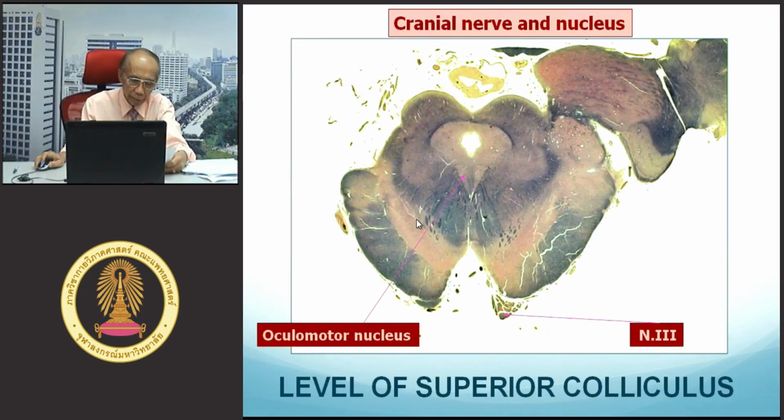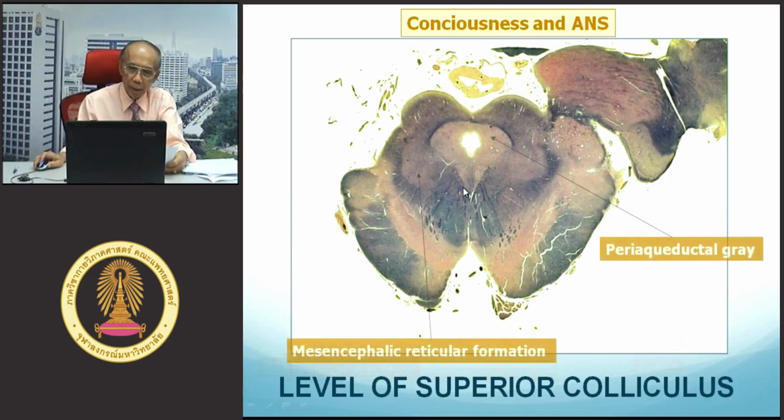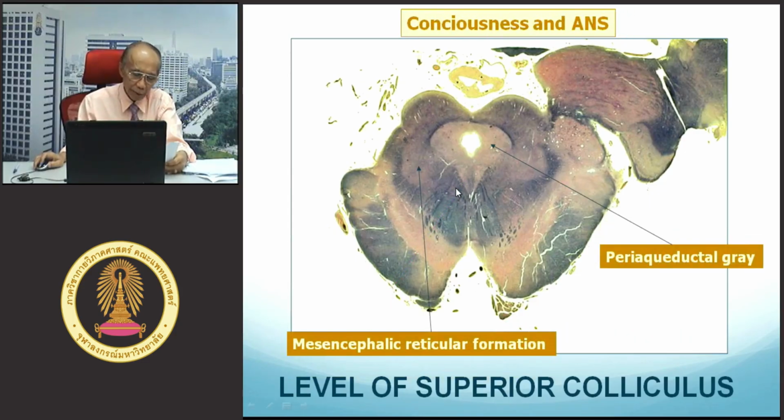The cranial nerve and nuclei will include the oculomotor nerve here and oculomotor nucleus. The consciousness system and the autonomic nervous system will include the periaqueductal gray and mesencephalic reticular formation.